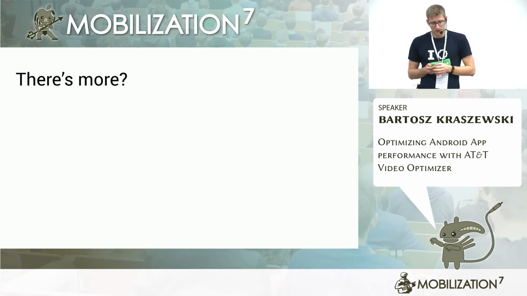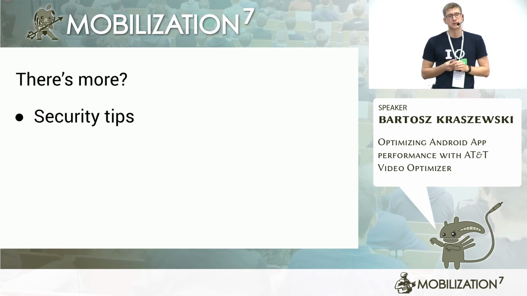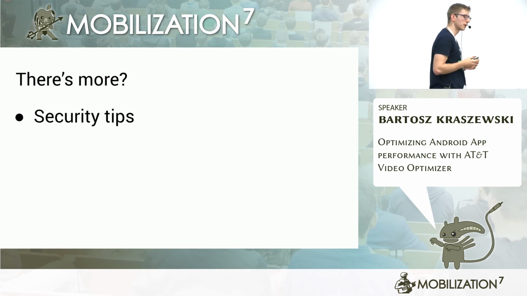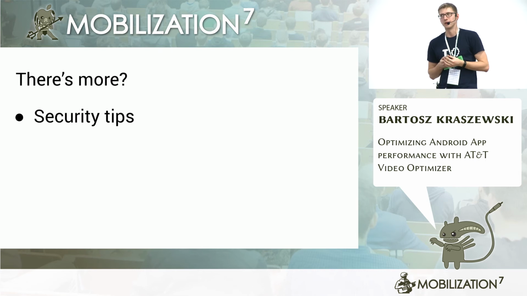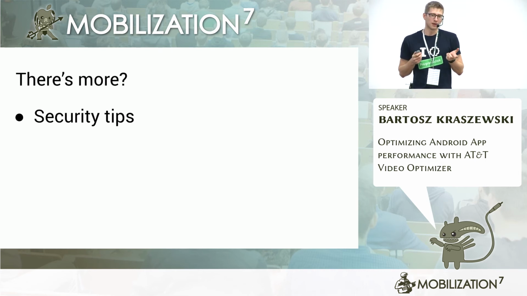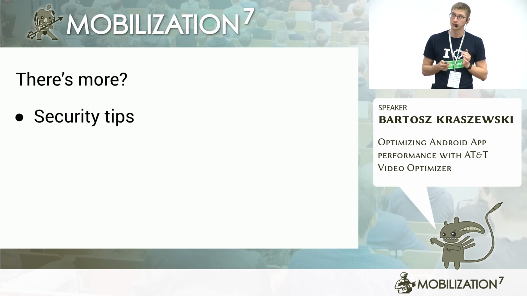There's more. What else can we test? For example, there are some security tips. The application will test if you are using HTTPS or HTTP. It will also test if you are exposing private information like a login, password, or email over a non-encrypted connection.